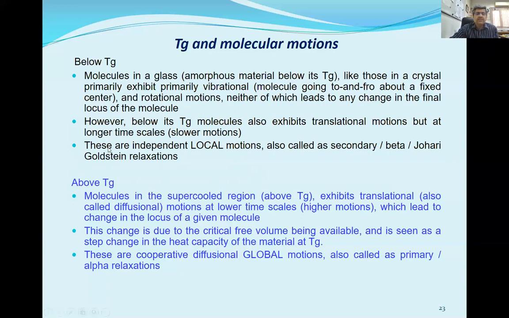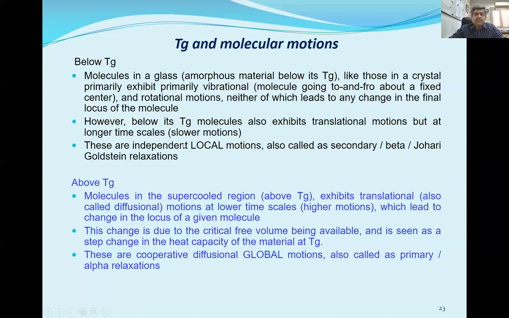So these motions, whatever occur below Tg, are independent local motions. What we mean by independent local motions is that they keep on occurring in individual molecules, and the molecules are not going to be associated with their neighboring molecules for these motions. They will keep on occurring independently in one molecule.